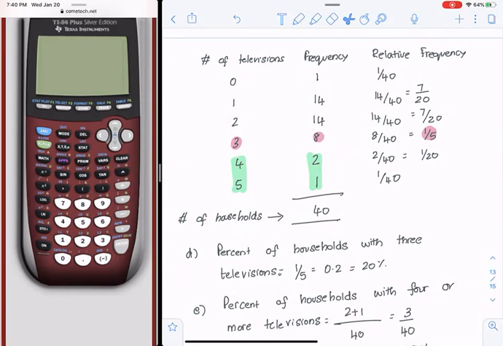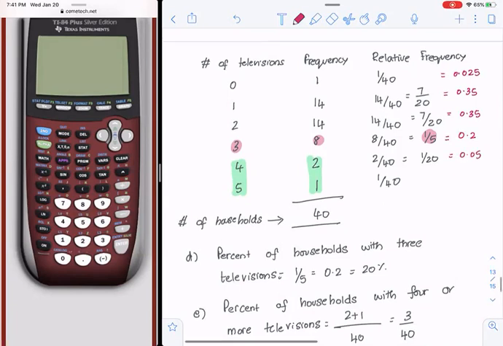So if I convert each of them to a percent or a decimal value, 1 over 40 would simply be 0.025. 7 over 20 would be 0.35. 1 over 5 is 0.2. 1 over 20 is 0.05. And 1 over 40 is 0.025.